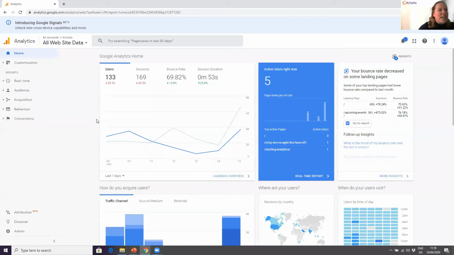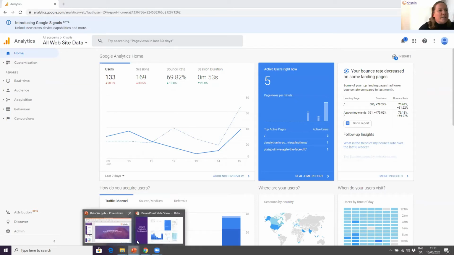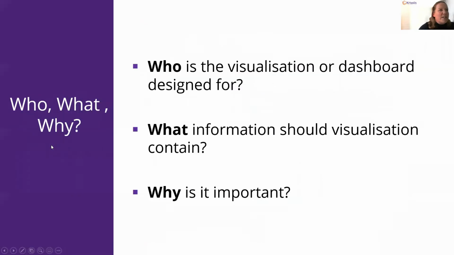The other thing to think about is that when we look at the dashboard, we need to think about who it is designed for. When we think about that visual analytics dashboard, I always think about the who, the what, and the why.